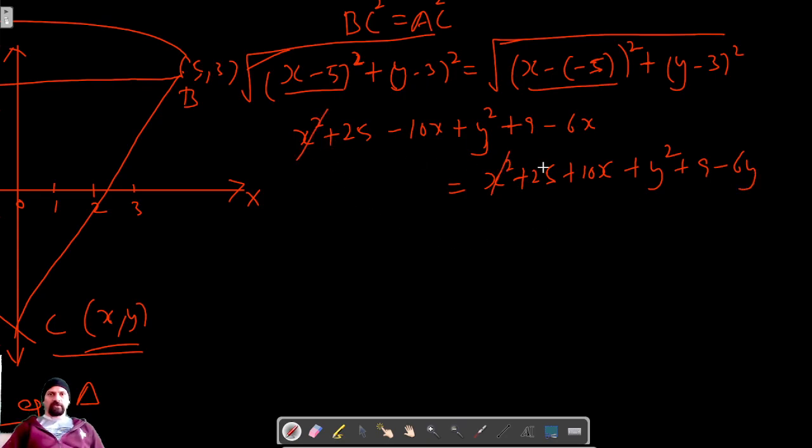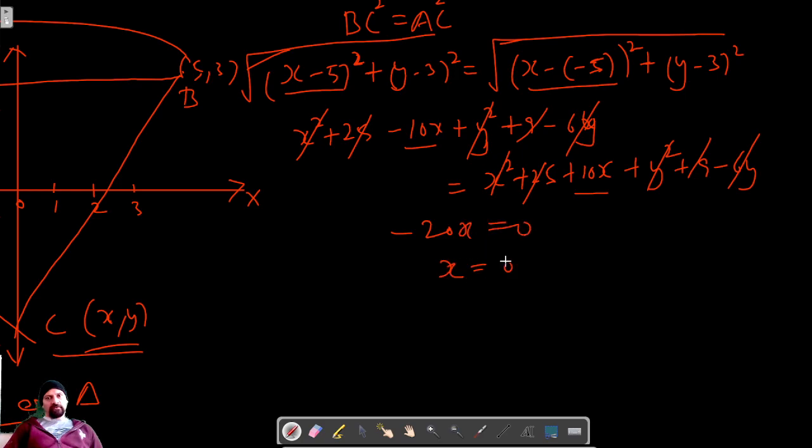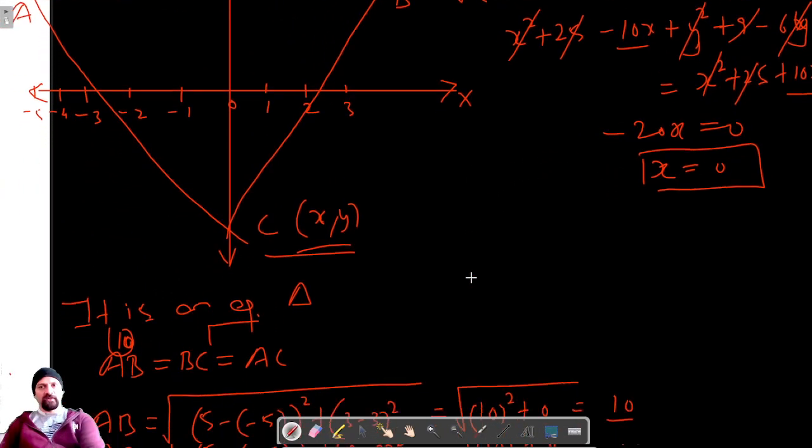So x square gets cancelled, 25 gets cancelled, y square gets cancelled, and minus 6y gets cancelled. Now minus 10x and 10x, and 9 and 9 get cancelled, so it's minus 20x is equal to 0. So x is equal to 0.